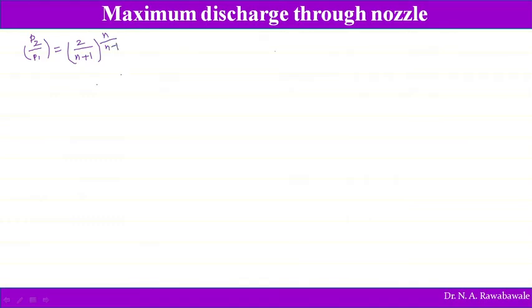This pressure ratio, which gives maximum discharge through the nozzle, is known as the critical pressure ratio.